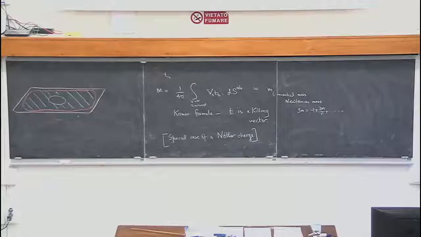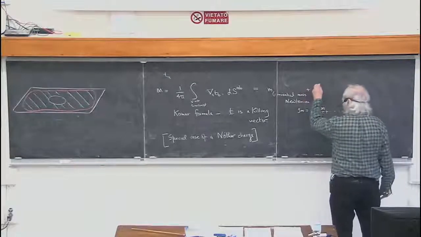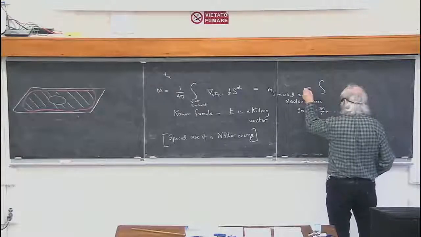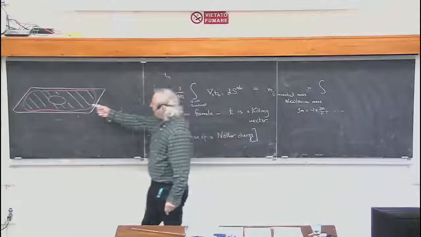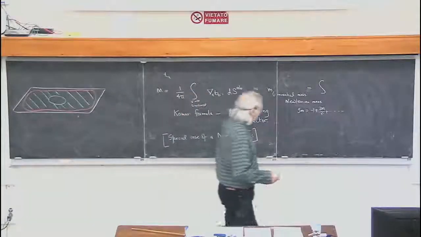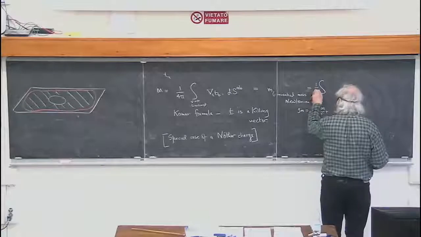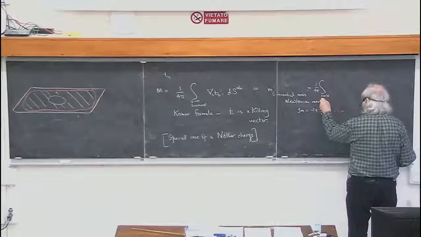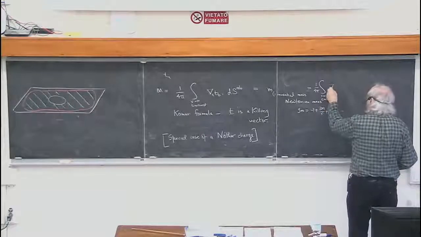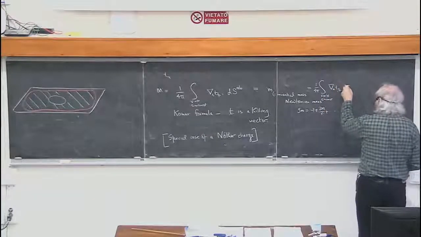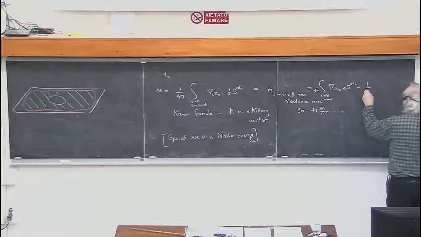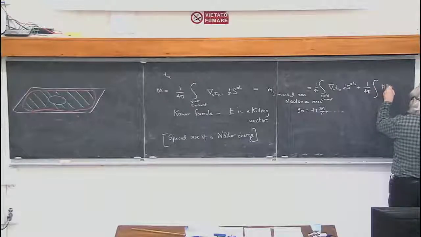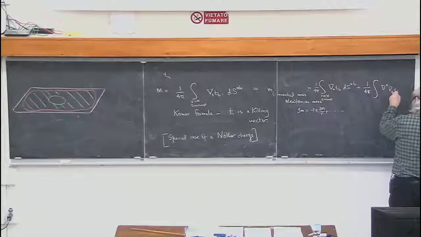But if you apply Gauss's theorem to this, what you will get, in a situation like this, where this is an event horizon of the black hole, is 1 over 4 pi times the integral over r equals the horizon at t equals constant, dA_TB, plus 1 over 4 pi integral dA TB d sigma b.